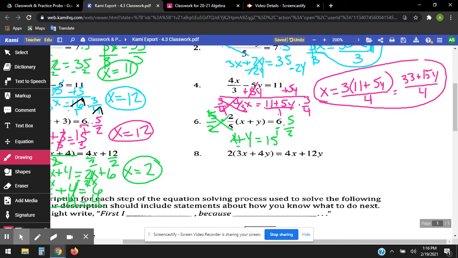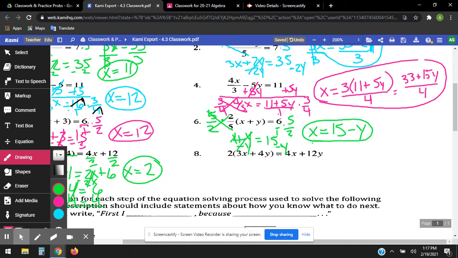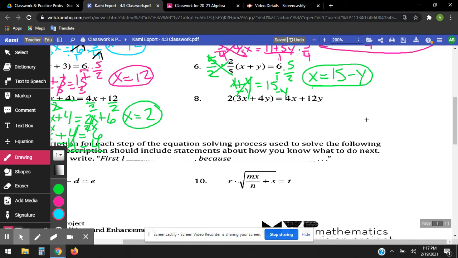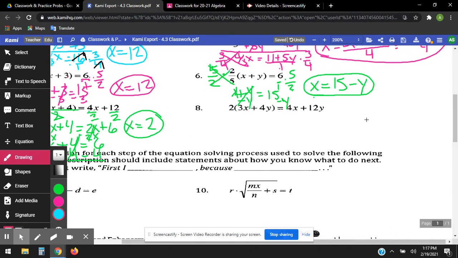To get rid of a plus y, I subtract y. Let's put it over here so we don't forget that that's not something we can combine. And so x equals 15 minus y. And that one's done. Last one for this section.